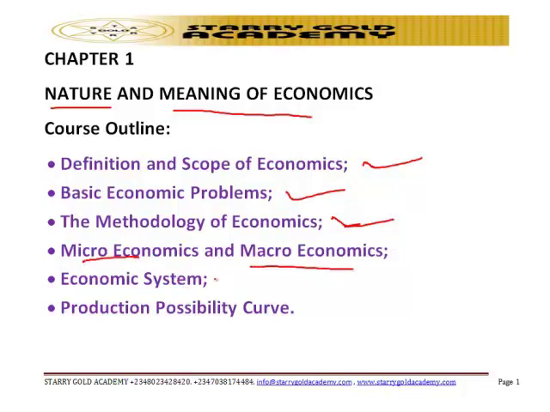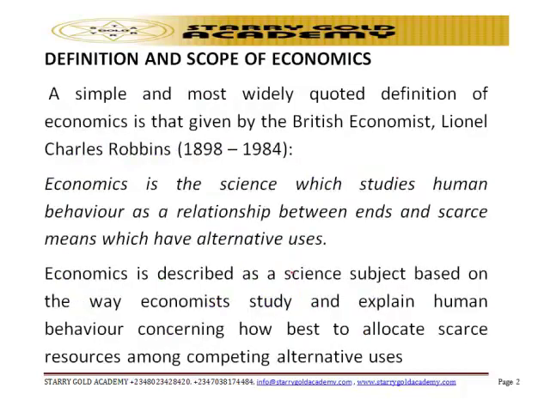Also, we'll be looking at economic systems, and lastly, we'll be considering the production possibility curve, which is referred to as PPC. So relax and give me your attention, and let us see what you can ascertain from this topic. Let's move on.